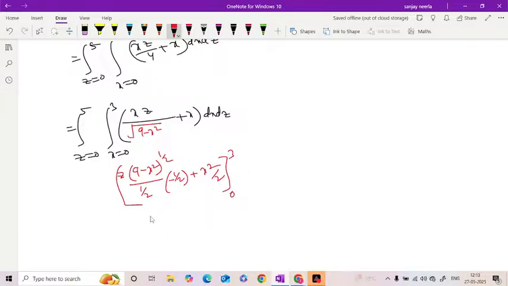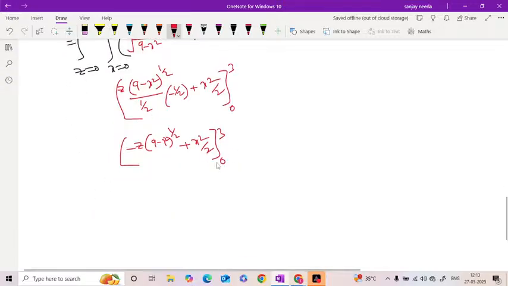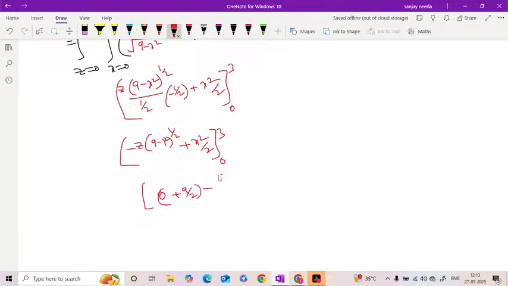Now here the 1 by 2 cancel, we'll get minus z of 9 minus x square whole power 1 by 2 plus x square by 2, limits 0 to 3. Upper limit is 3 and lower limit 0. So after substituting the upper limit, the first part is 0 and the second is 9 by 2, and for the second one after substituting x value 0, we'll get minus z into 3, that means 9 power 1 by 2, plus 0. So 9 by 2 plus 3z. It is the first integration result.